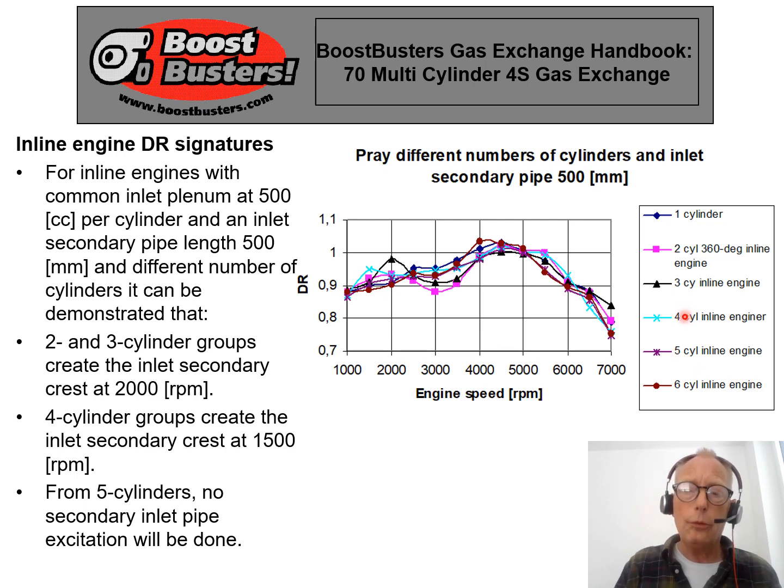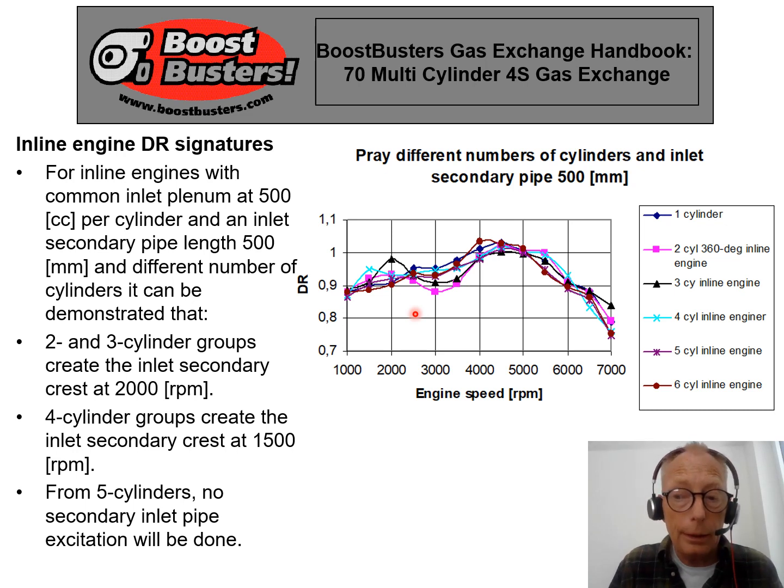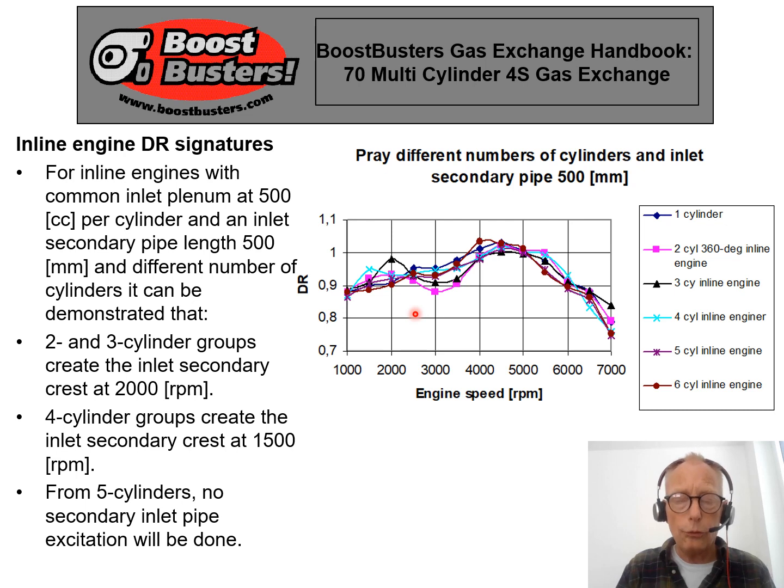When we jump from 4-cylinder up to 5-cylinder, 6 or even more, the resonance or assistance from the secondary pipe diminishes and goes away completely, because the excitation of the plenum box is no longer happening. There is too much short circuiting between the cylinder phases.